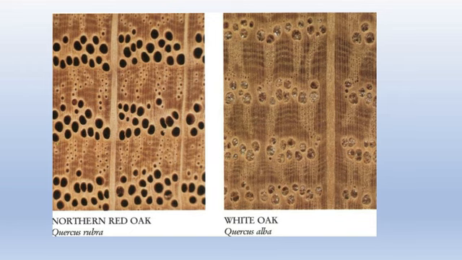But also notice that in the white oak, these pores are clogged with what looks like cellophane or glass or crystal of some kind. That's what makes white oak watertight. That's why it can hold water, because of those tyloses. Other woods have tyloses, but maybe not so abundantly.